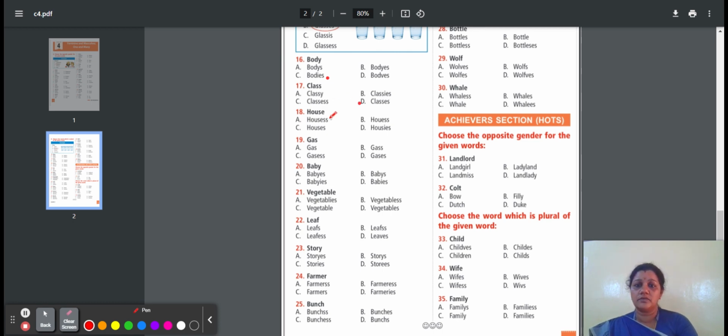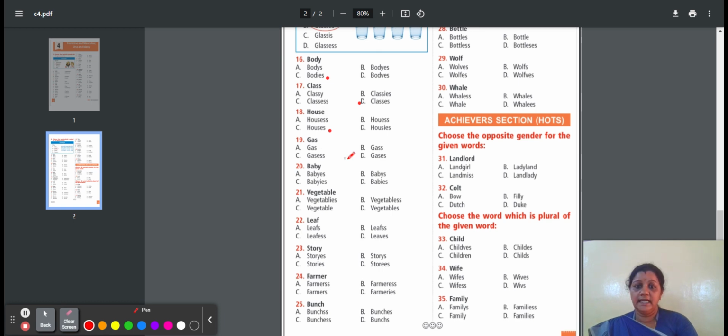18th one, house. Here the option is C, houses. Just adding S. Rest of the options are meaningless. Gas. Here this word ends with S, so we have to add ES.